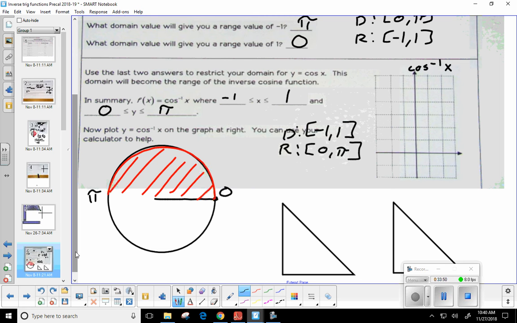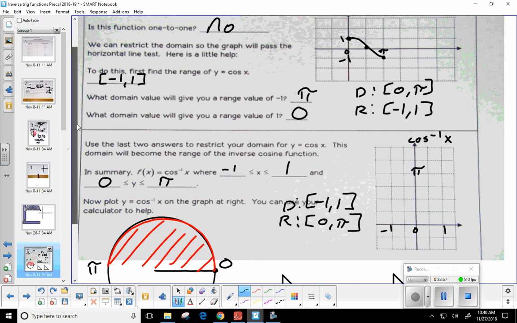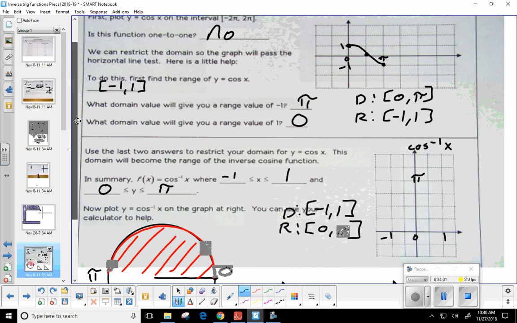The domain is now -1 to 1. We have 0 to pi. And remember, to help you flip this, you could just invert the points we have on the original. For example, this one right here is pi, -1, right? So what would it be on the inverse? -1, pi. This point right here is 0, 1, so it would be 1, 0.